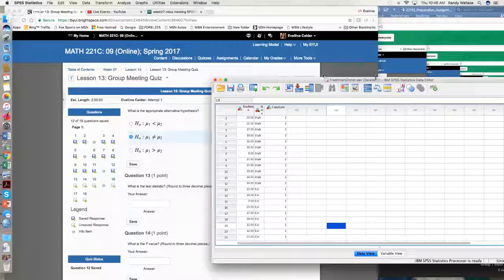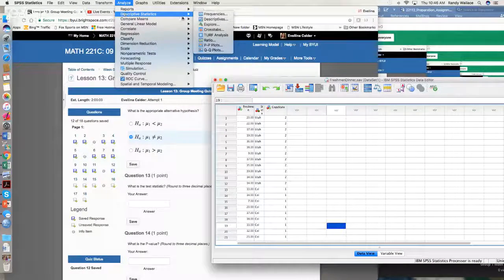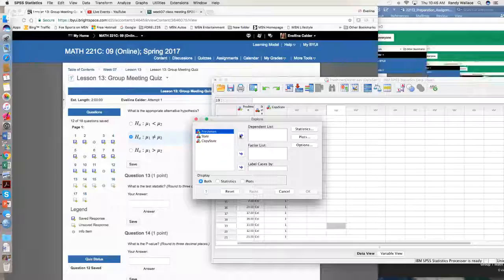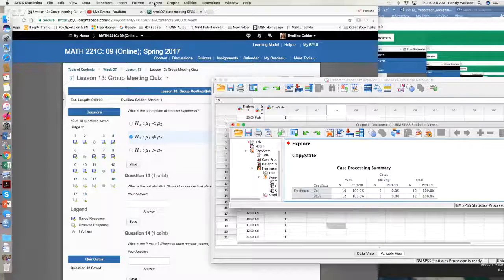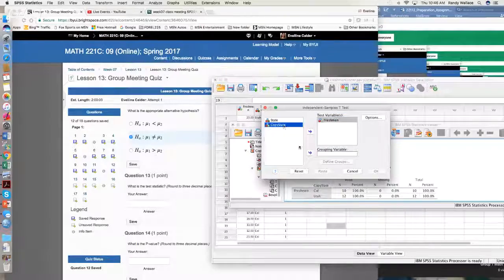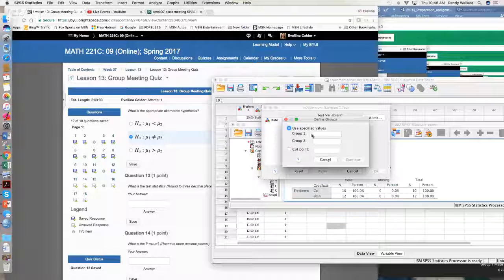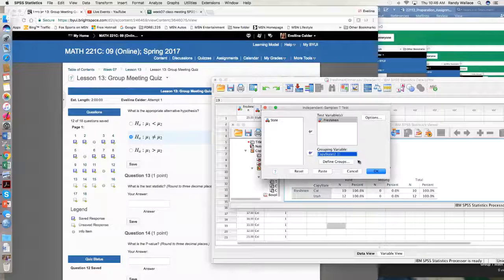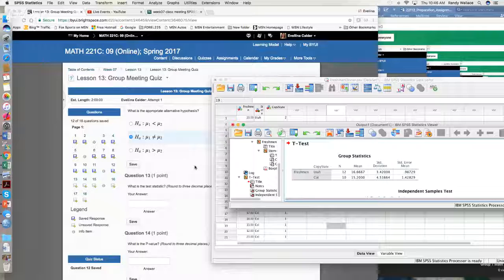So for the test statistic, I'm just going to do everything real fast. I'll do explore, the dependent list. Okay, and then we want the independent samples test. We want the test variable, the copy state, and define groups. Group 1, group 2, because for some reason we did it backwards. Okay. All right. So, what is the test statistic?